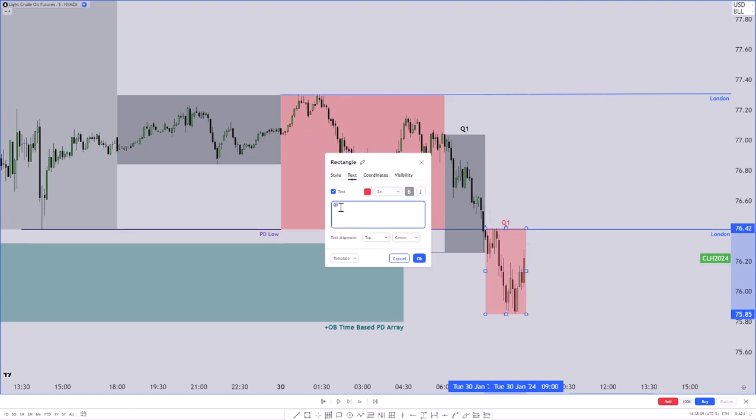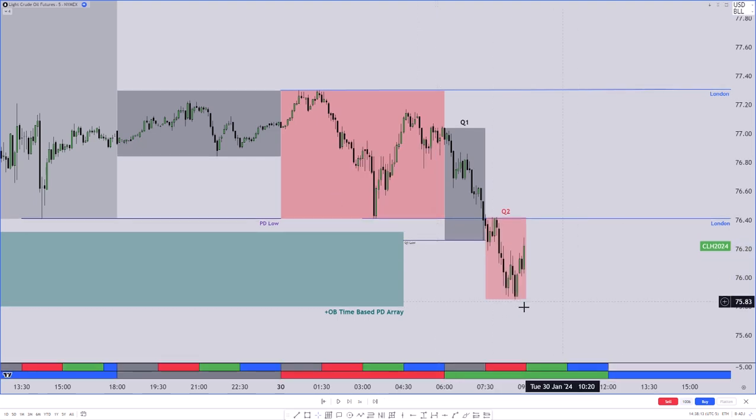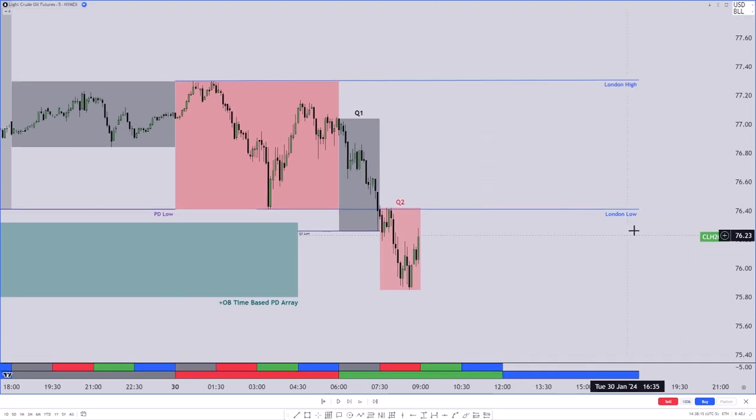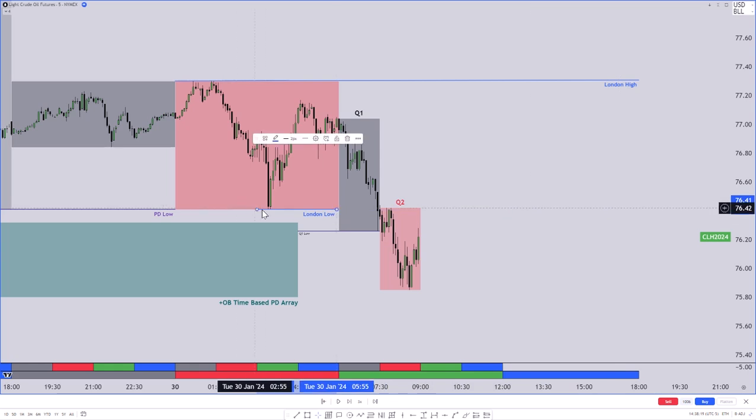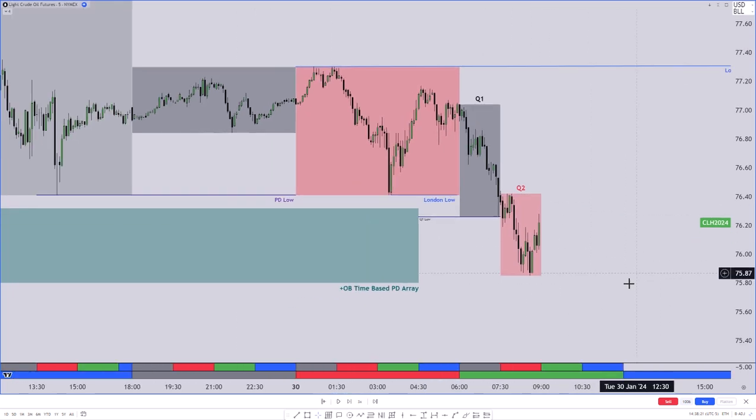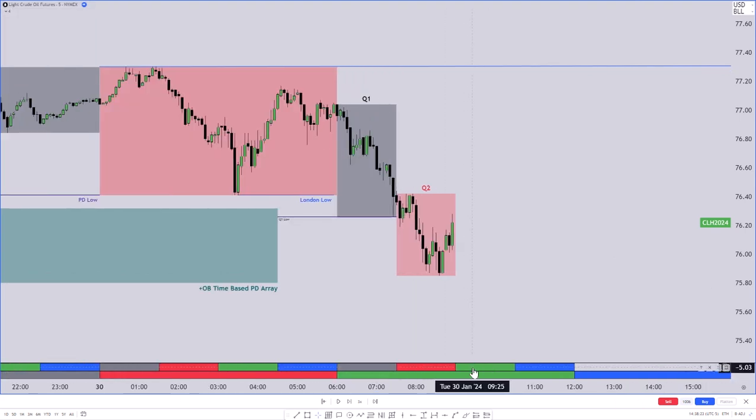We can say Q2. Okay. Now we're adding in a bit more confluences to what we are looking for. Right. Q2 would be the end and the beginning of Q3, right? From Q3 heading into Q4. This is our kill zone.